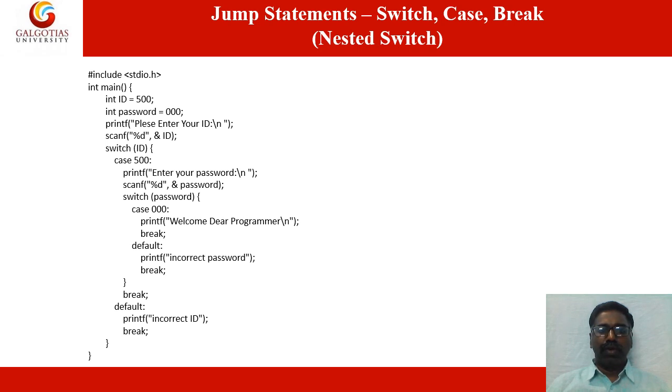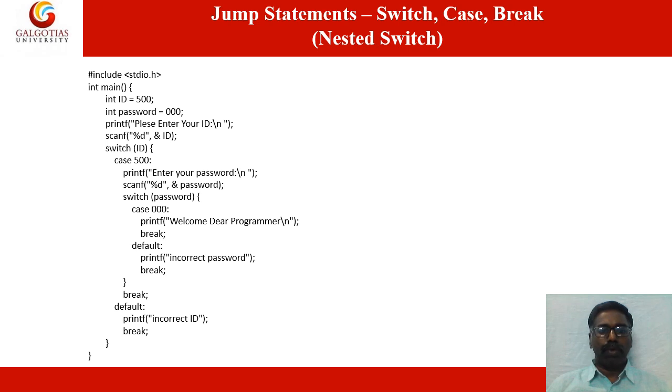First we assign a default value for the ID and the default password, and we ask the user to enter their ID. The user is going to enter some ID, and then using a switch case we can identify whether this ID is equal to the default ID I have given. Now the user is going to enter the password, and the password is going to be verified in another switch case, and this switch case is the inner case and the ID switch case is the outer case.